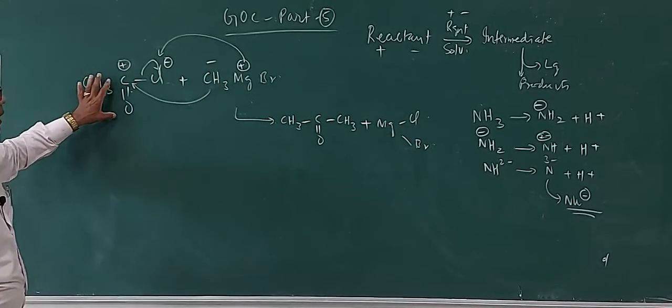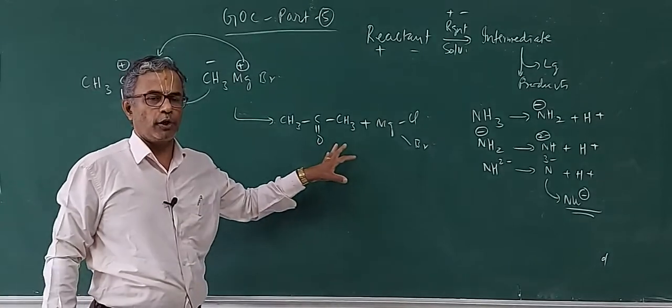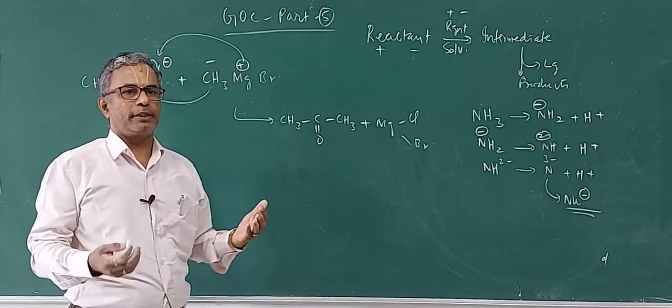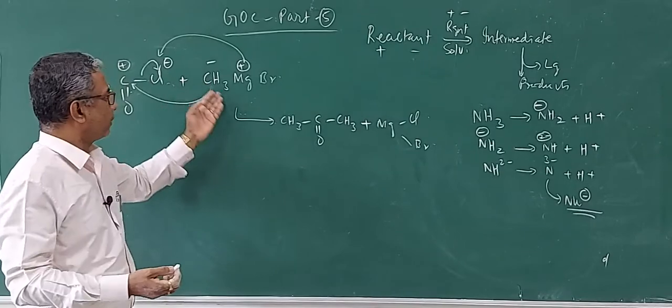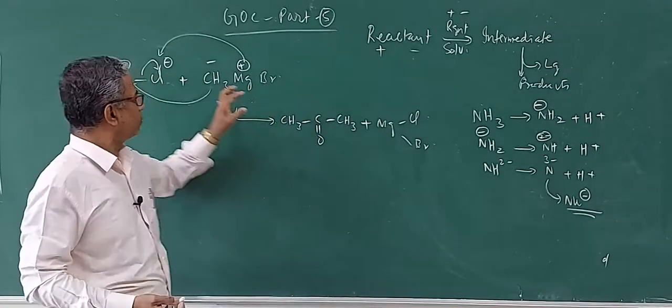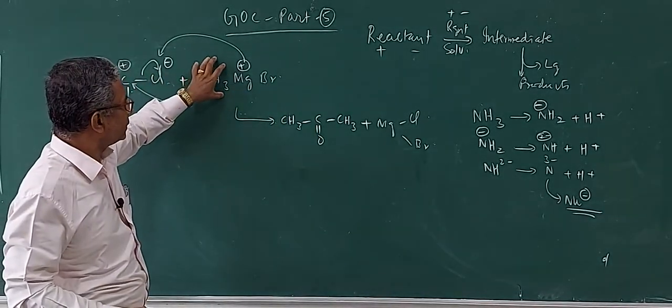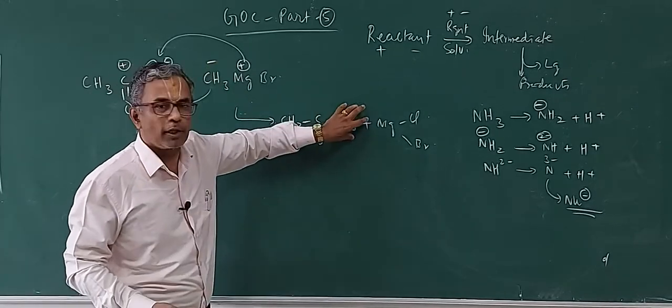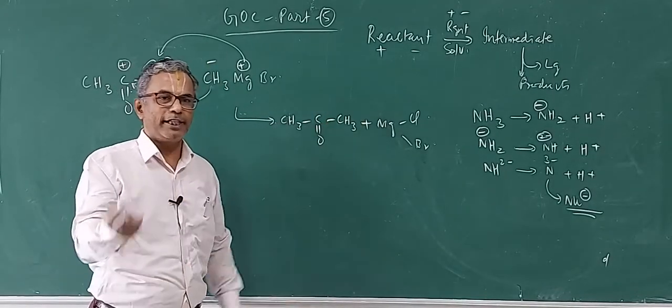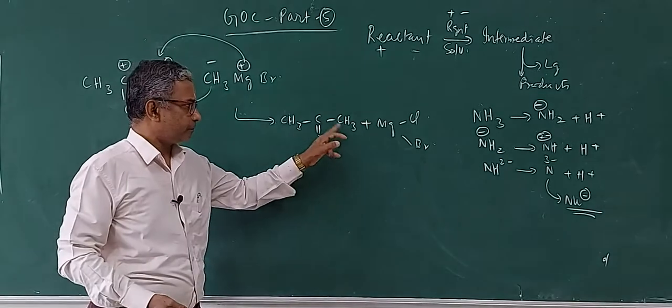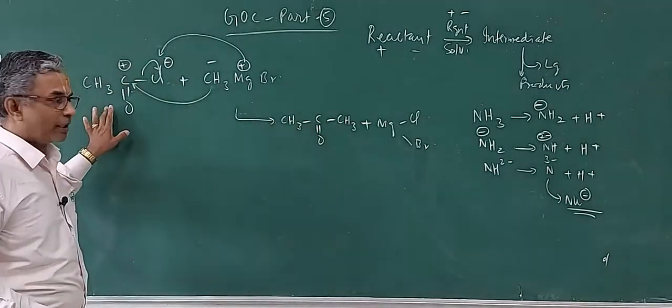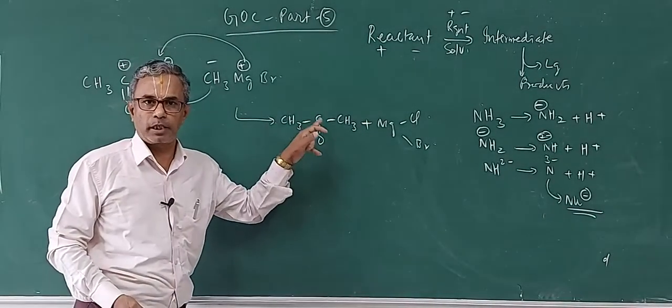If you take an acyl chloride, you get a ketone. In predicting products, you can always have this type of reaction using the Grignard reagent. By changing this group, you can get any compound. You can prepare any ketone, you can convert any acyl chloride to the corresponding ketone.